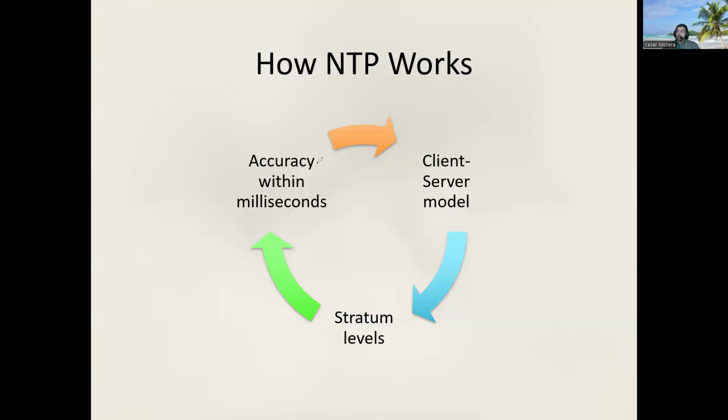Well, how does NTP work? We have the accuracy within milliseconds, the client and server model, and the stratum levels. So basically, there are some servers with the best possible times and they synchronize the information and it is very accurate.